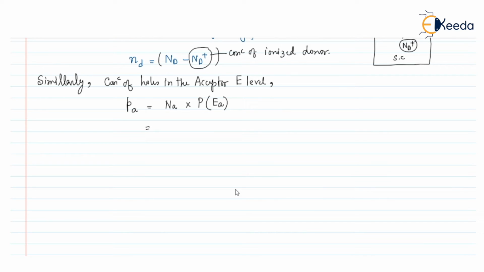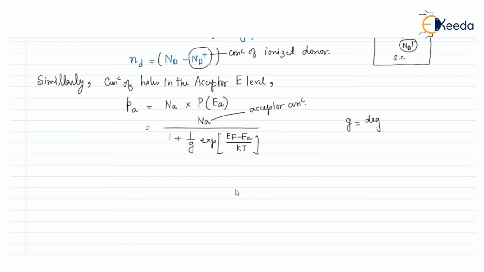So we can find the equation like this, where Na is the acceptor concentration and P of Ea will have a value 1 over 1 plus 1 by g exponential Ef minus Ea divided by kT, where the g factor is normally called the degeneracy factor.